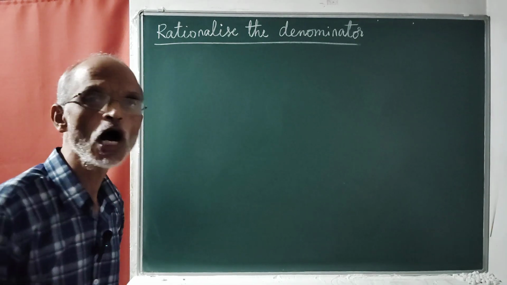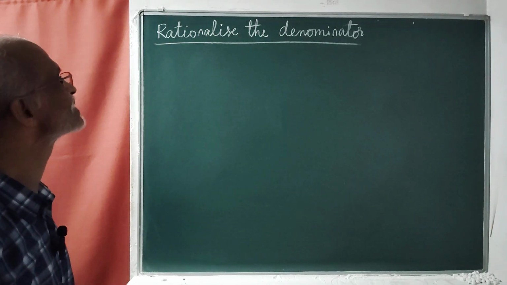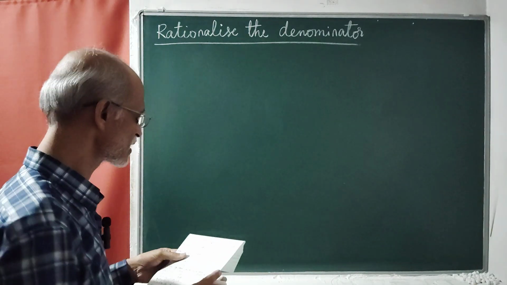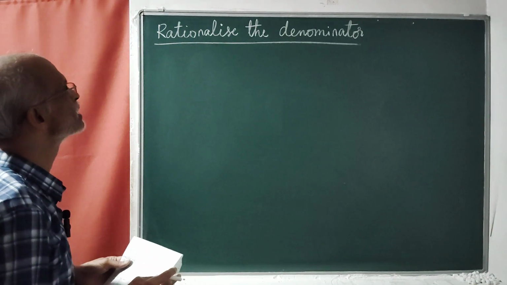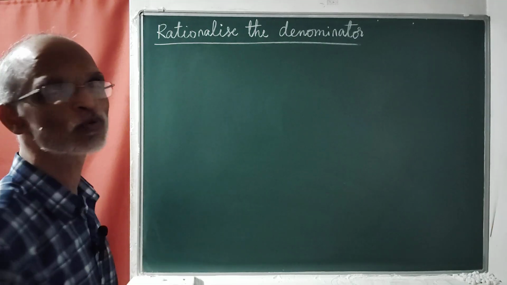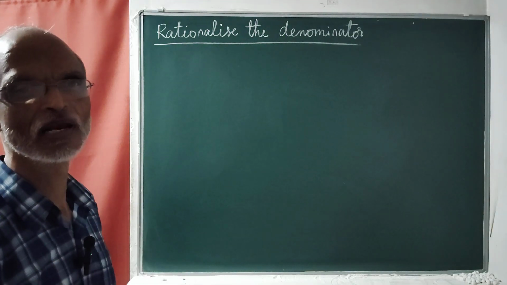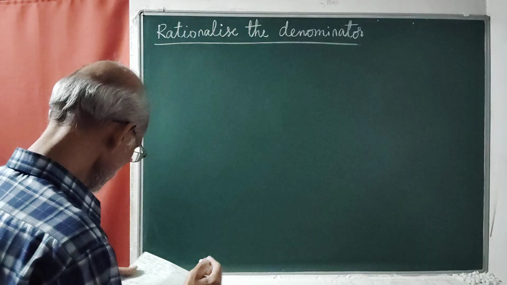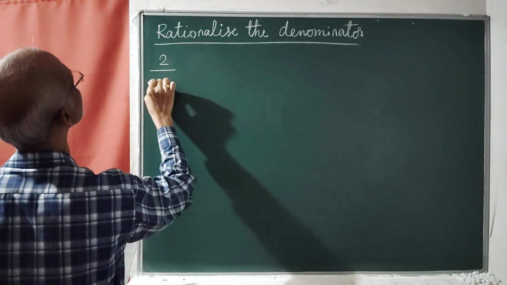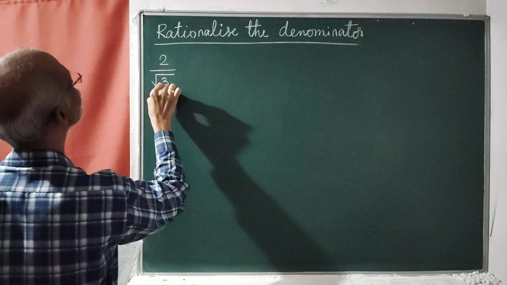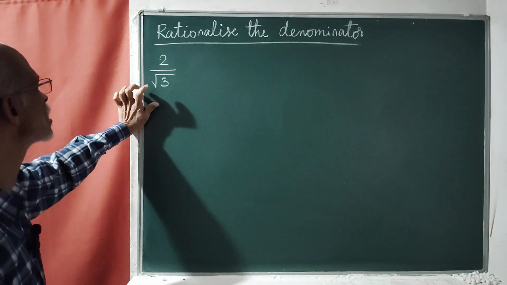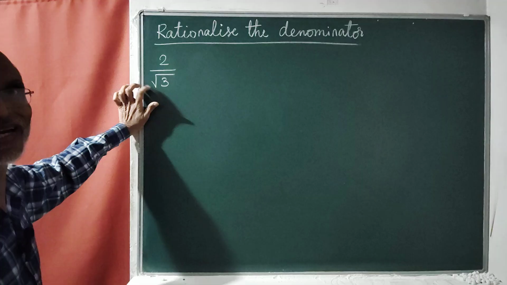Now we will see how to rationalize the denominator. Rationalizing means what? Removing the root symbol. Suppose I got a fraction here, 2 by root 3. I want to rationalize the denominator. That means I want to remove the root from the denominator.